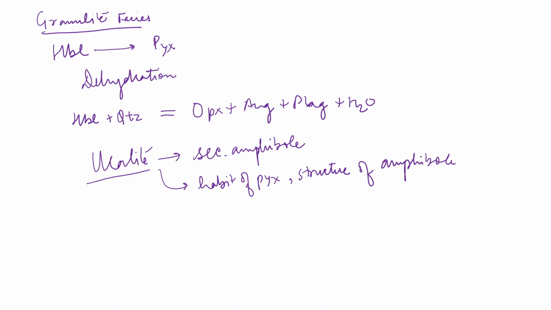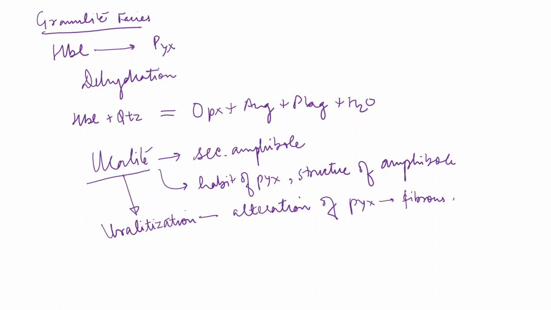The alteration of pyroxene to fibrous amphiboles is called uralitization. What is it? It is the alteration of pyroxene to fibrous amphiboles.